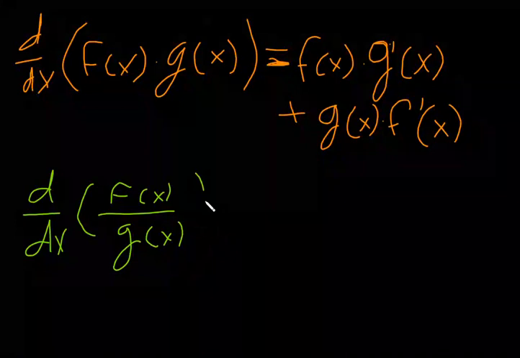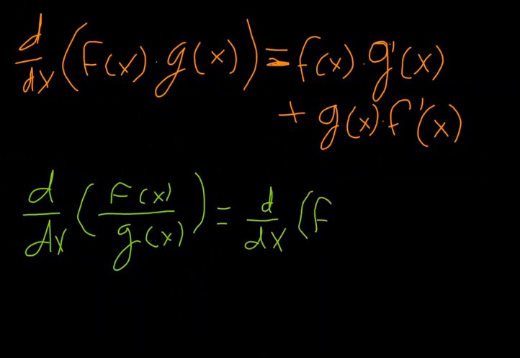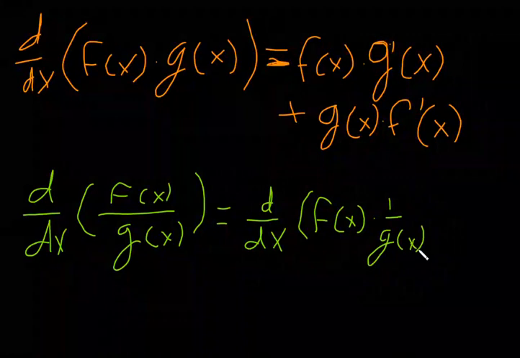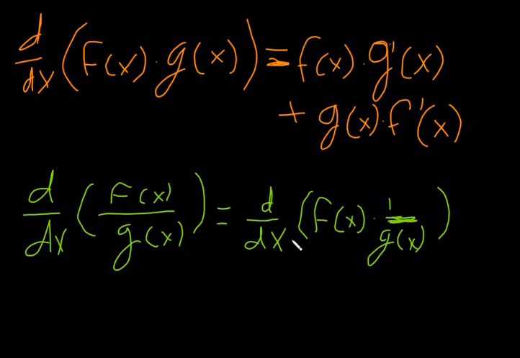I want this derivative. I could say that this is the derivative of the product f of x times 1 over g of x, right? Because this is what a quotient is in terms of a product. We can just divide by multiplying by the reciprocal, which is what this is.